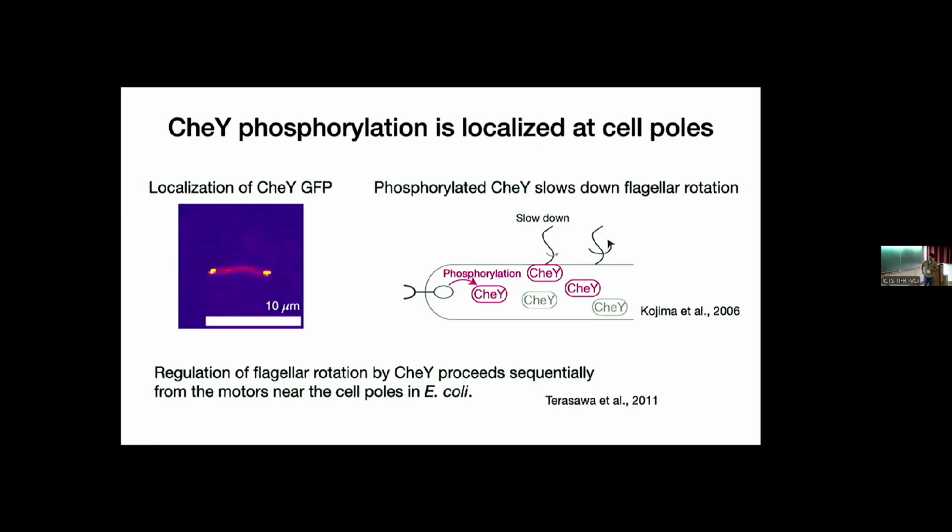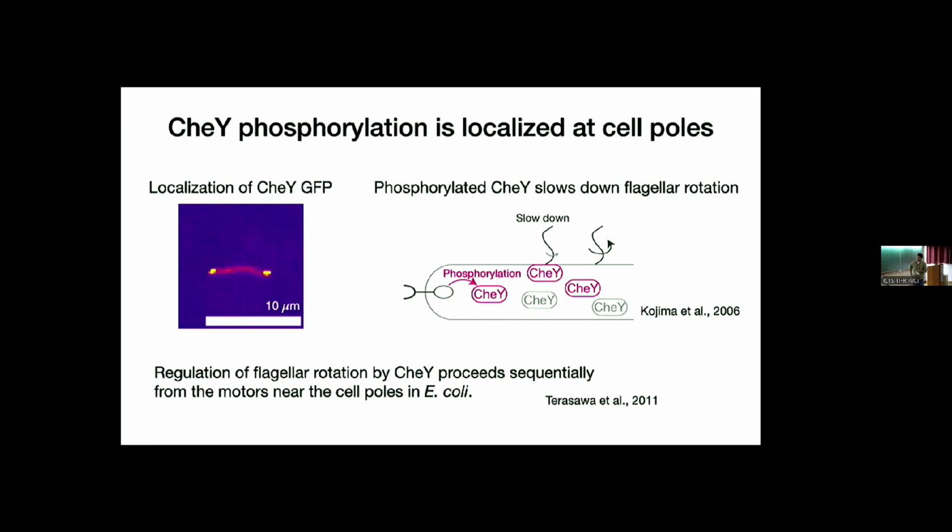KY phosphorylation is localized at the cell pole. So this is a fluorescence photograph of the KY GFP. You can see sharp localization at the cell poles. This is because the kinase of KY is localized at the cell pole. And so the phosphorylation of KY is localized at the cell pole, and once it is phosphorylated, it diffuses into the cytoplasm and is bound to the flagella motor to make the spinning rate slow down.